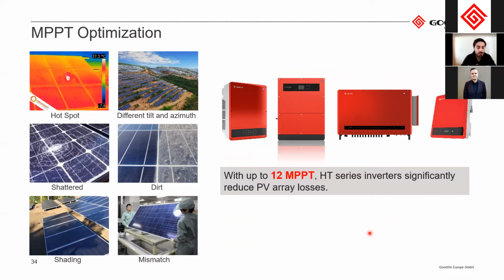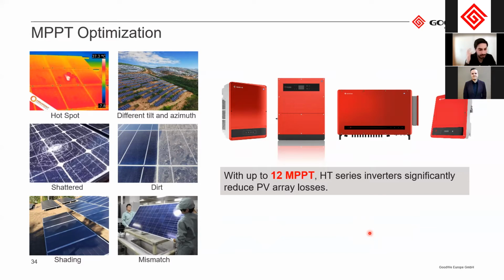One of the main features of our inverters is that they have many MPPTs, and this is very, very important, mainly in CNI applications, because then you have different tilts maybe on your roofs or ground mounts, or maybe different terrain.